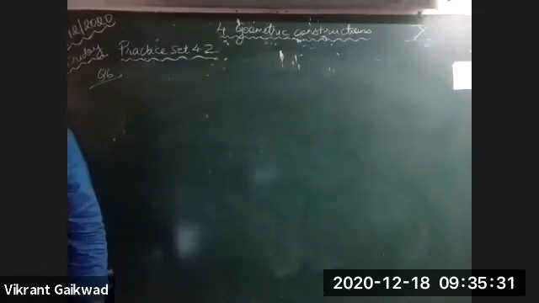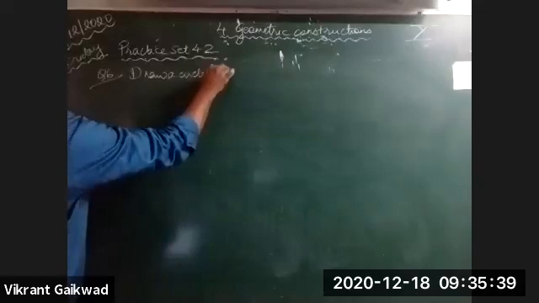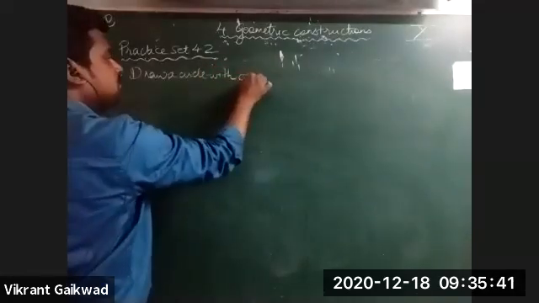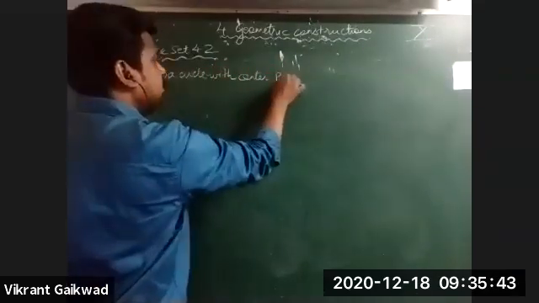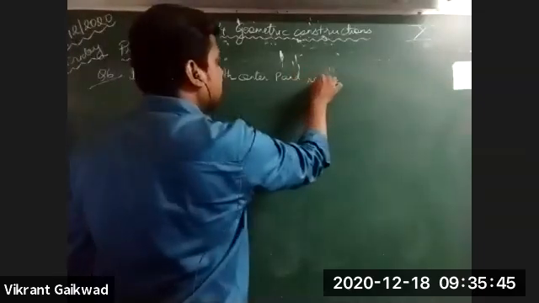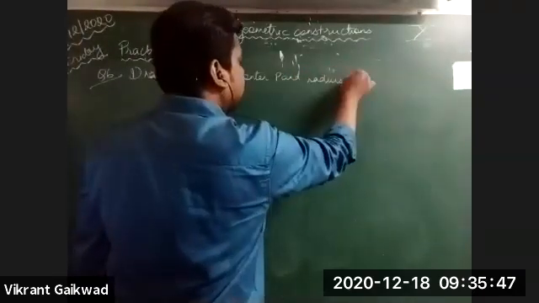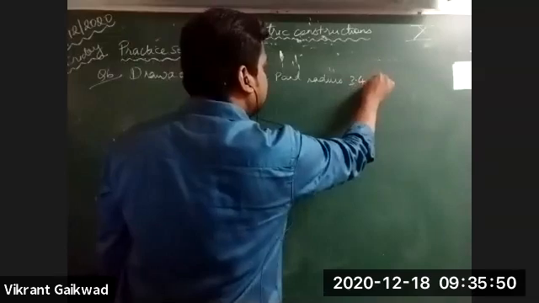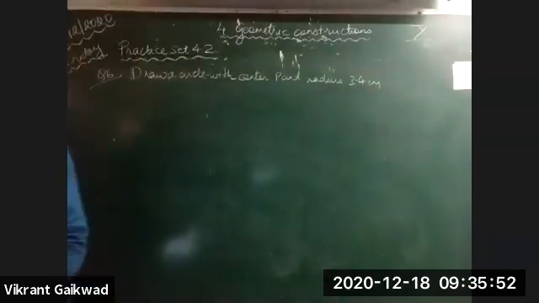Now question number 6, you have to draw a circle with center P and radius 3.4 centimeters.